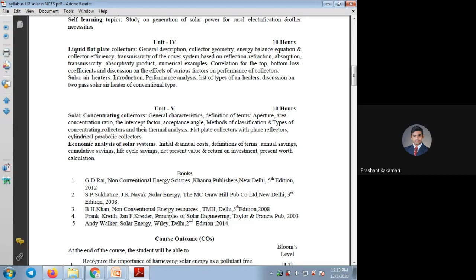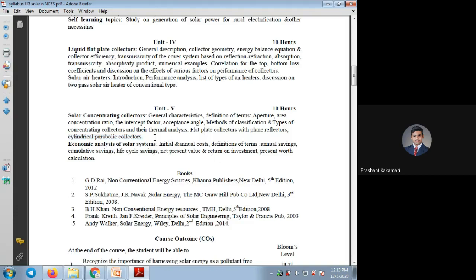Then types of concentrating collectors and their thermal analysis; yesterday we did thermal analysis considering concentration ratio. Today we discussed flat plate collectors with plane reflectors. Now what is left is cylindrical parabolic collectors, on which we need to discuss some theory. In this chapter, only the thermal analysis of the concentrating collector is covered, but thermal analysis is nothing but the equations.